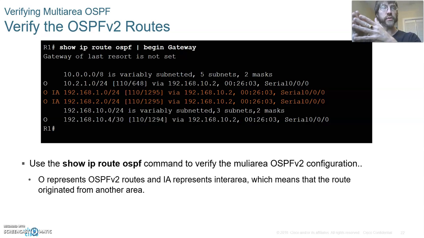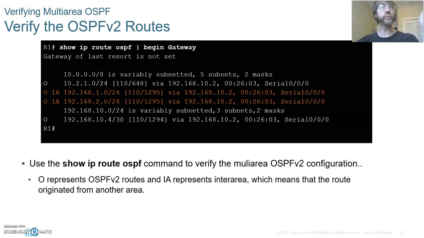This is the difference, because the IPv6 routing table is a little bit different, and you don't have a line that says begin gateway. If you want to skip all that route origin code stuff at the top, if you need to see that because you can't remember what they all are, or you don't mind looking at it, you can skip the pipe begin gateway part.